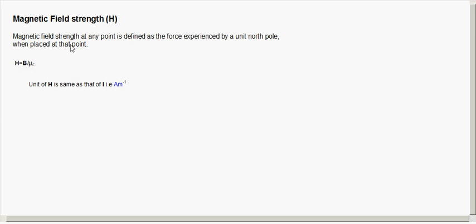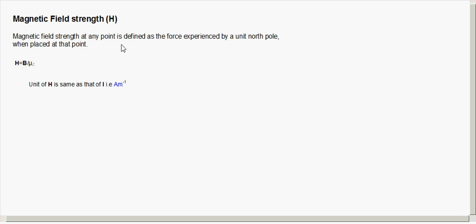The magnetic field strength at any point is defined as the force experienced by a unit north pole. For example, if you have a magnetic material which is magnetized, bring a unit north pole and place it at some point and measure the force experienced by that unit north pole. That is nothing but the field strength.